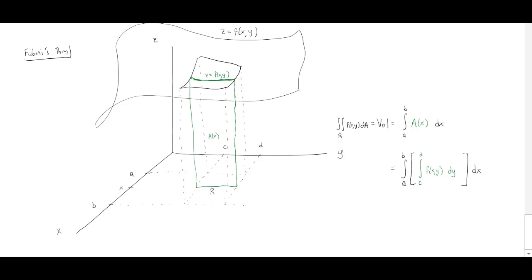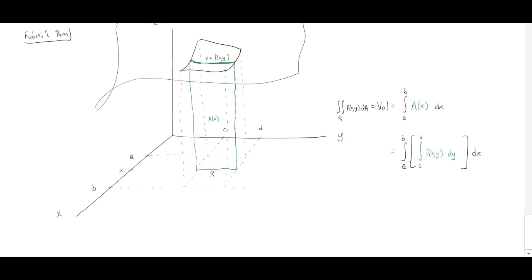I could do a similar argument if instead of starting by slicing at an x value, I slice at a y value. Then I would have gotten the same thing, but with x and y interchanged on the inside and outside.